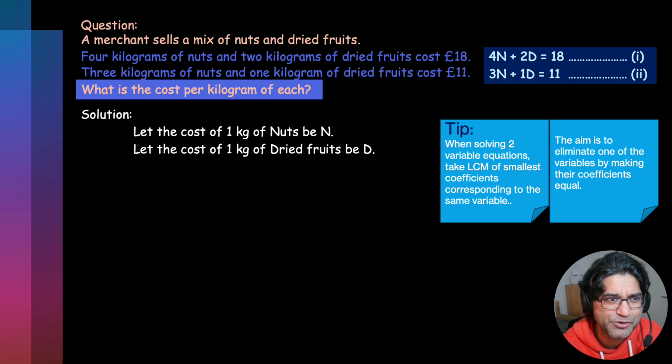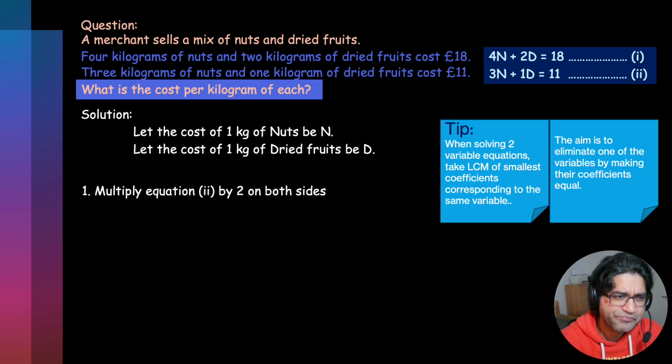Let's see step by step, okay? So my first step is multiply the equation number 2 by 2 on both sides, and by now you would have understood why I'm doing that. I'm multiplying this equation by 2 so that my 1D will become 2D, and if I am multiplying D, I have to multiply other terms also to keep the consistency of the equation and be fair on all the terms here.